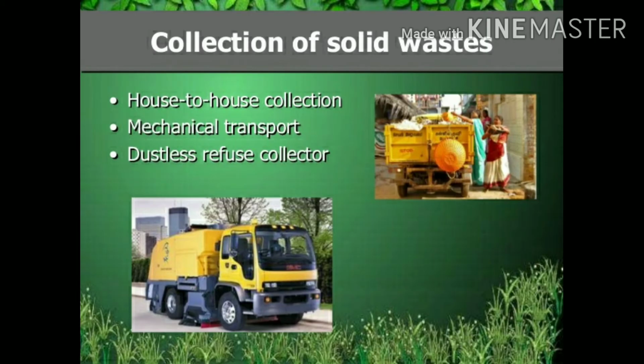Next comes storing waste. Storage facilities must be kept in mind according to the quantity of waste generated and in the vicinity of the residents or users. Vicinity means the closeness, nearness of the residents or users.